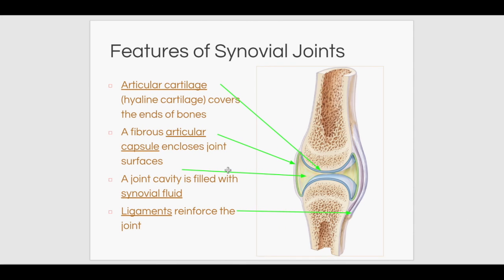Now, to describe the structural features of a synovial joint, here we have two articulating bones. Before I discuss this, I just want to add one extra piece: this membrane sheath around the long ends of the bone is called a periosteum.